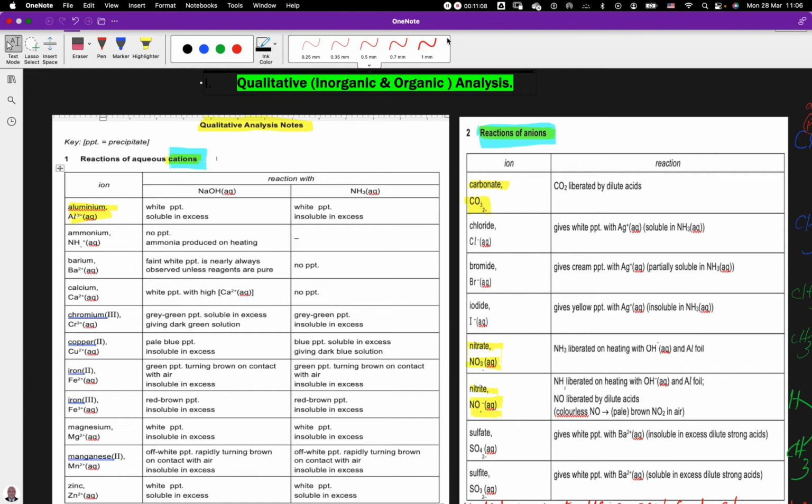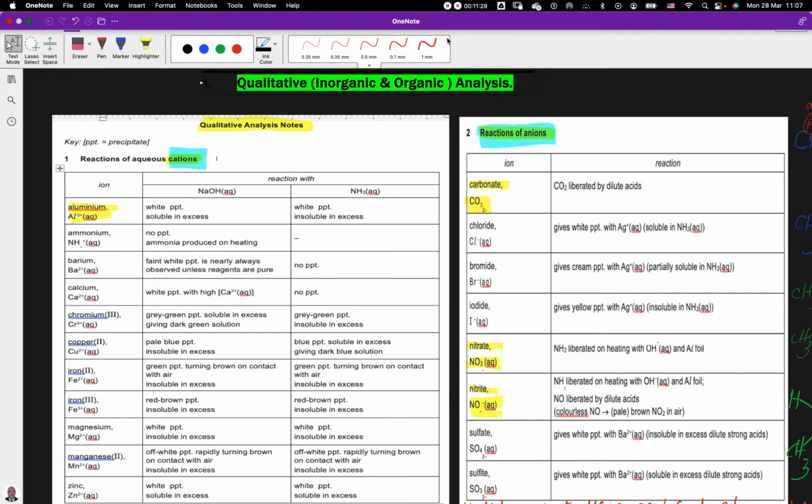In trying to determine which of the anions is there, let me say we have 3 test tubes, and the solution that is usually used in this case is acidified silver nitrate solution. That is silver nitrate solution and dilute nitric acid.